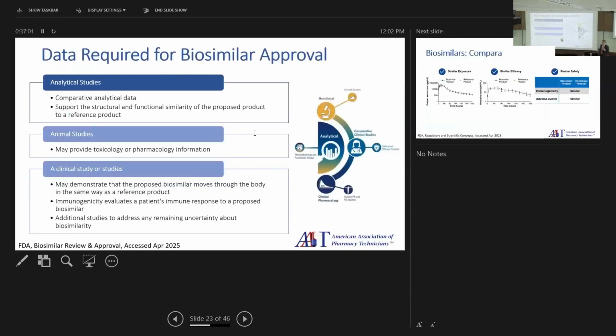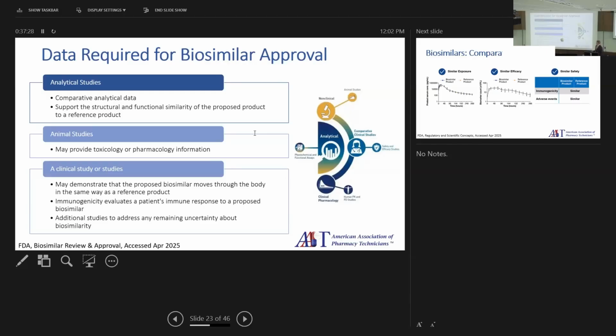So the data that they need to demonstrate biosimilarity, they need to do analytical studies to make sure that the medication is similar to the original biologic. They may use animal studies to evaluate the safety and adverse effect profile of the medication. And then they may also do a clinical study or studies, not as many as biologics have to do for FDA approval, but enough to demonstrate that the biosimilar moves through the body of the patient in the same way.